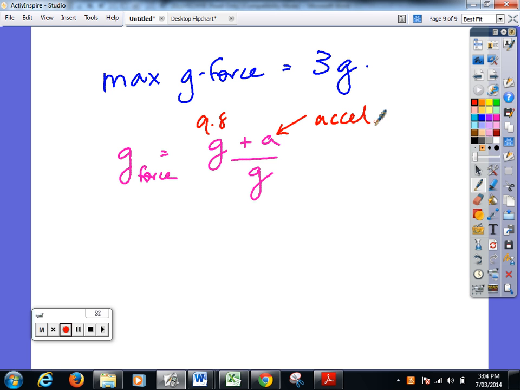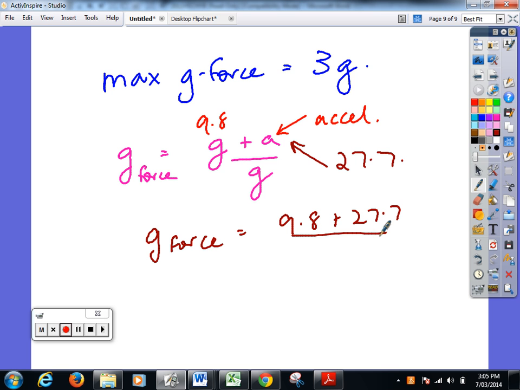Okay. So what we need to do is, remembering we calculate the acceleration of the rocket as 27.7, so we need to calculate the g-force for this rocket, which would be 9.8 plus 27.7 over 9.8. So calculate that there.